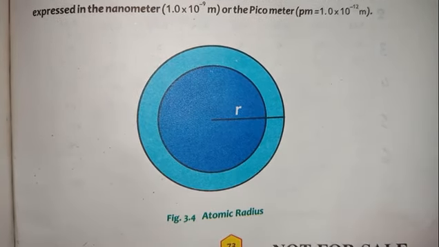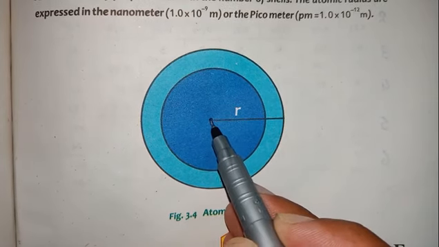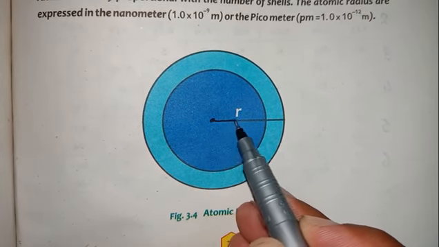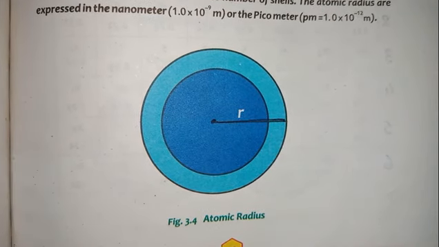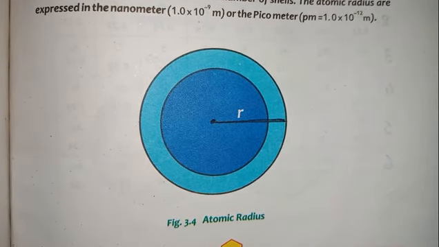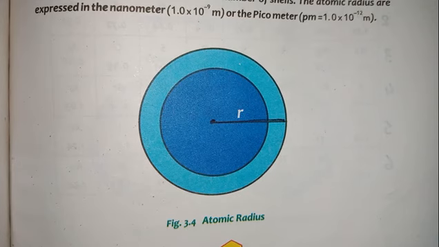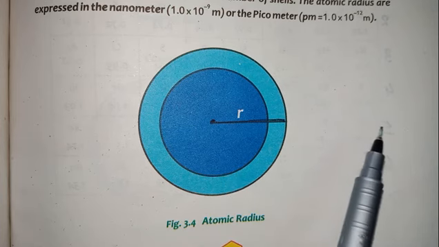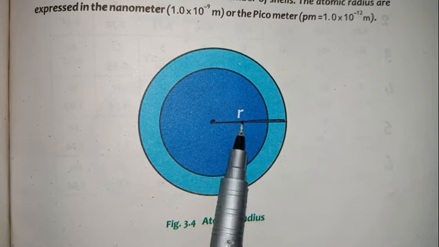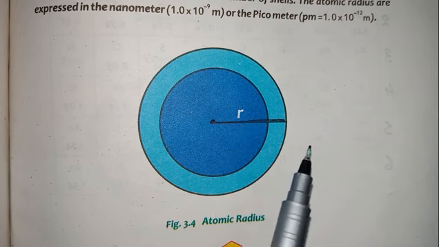So the distance from the nucleus to the outermost shell of an isolated gaseous atom is called atomic radius. And as we know, an atom is always in combination with other elements, so when an atom is in combination with other atoms, its size is affected by the neighbor atom.